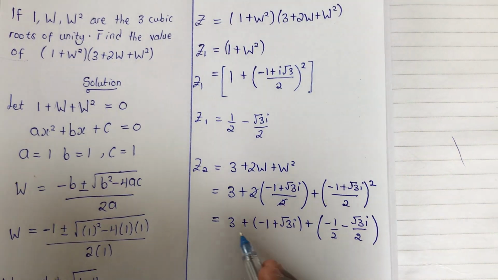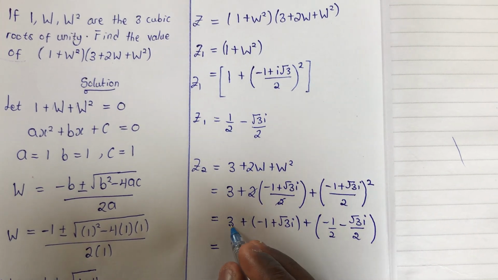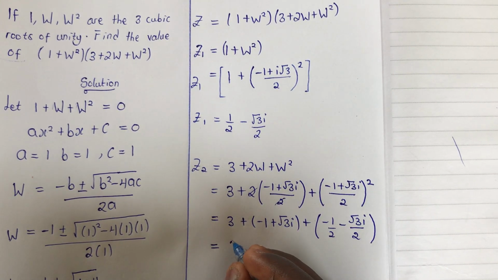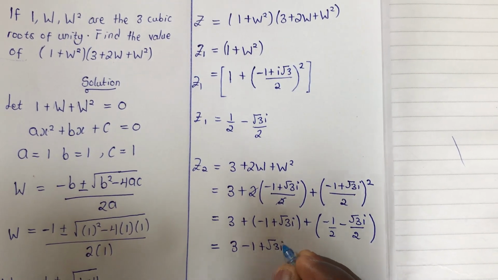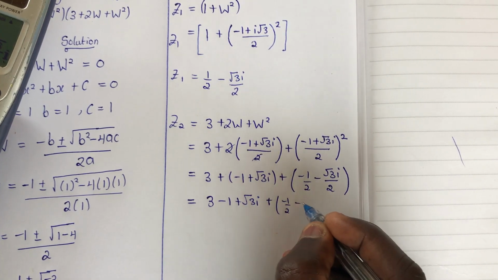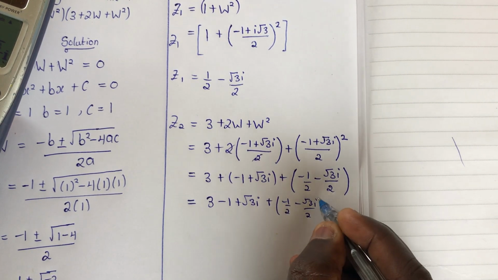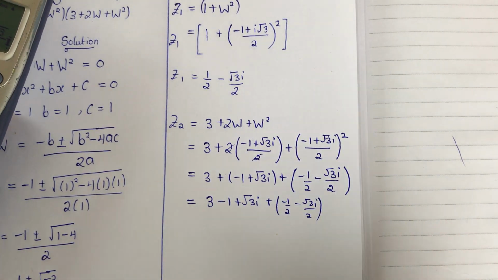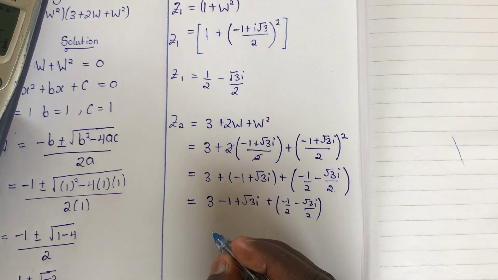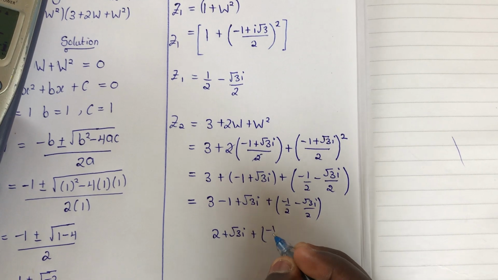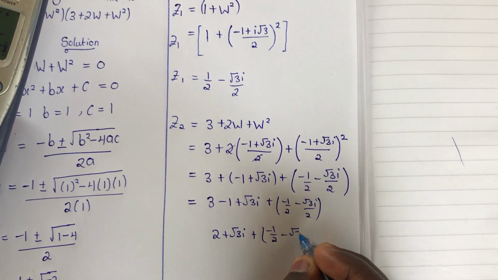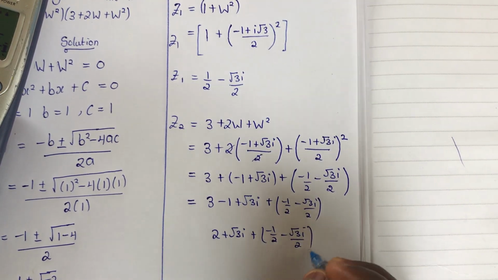So now we can work this out. This will give us 3 minus 1 plus root 3 i plus negative 1 over 2 minus root 3 i all over 2. This plus this will give us 2 plus root 3 i plus negative 1 over 2 minus root 3 i all over 2.